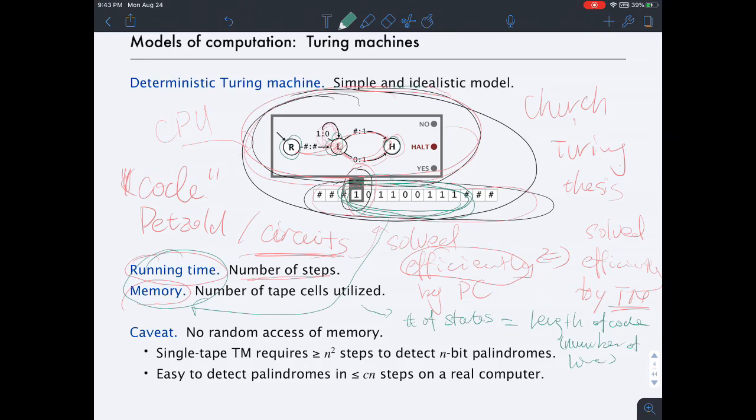After we abstract out the computation, we can talk about time complexity, memory complexity, and these kinds of things.